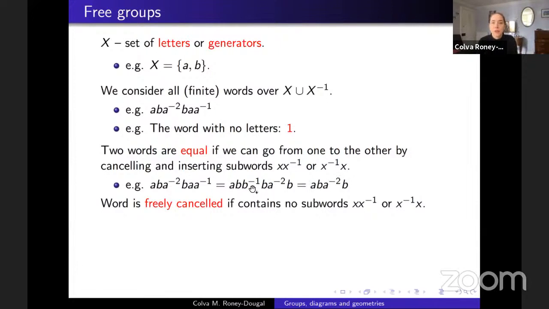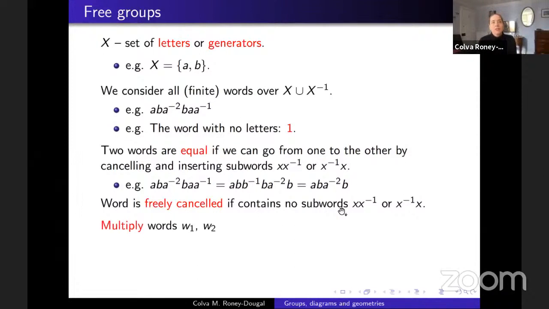But if I get rid of the B inverse B, I get down to just A, B, A to the -2, and B, and that is freely cancelled because we can't see anything next to its inverse. Every equivalence class of words is going to contain one of these freely cancelled words because you just take out the pairs, and it's a fairly easy exercise to show that it doesn't matter what order you take them out.